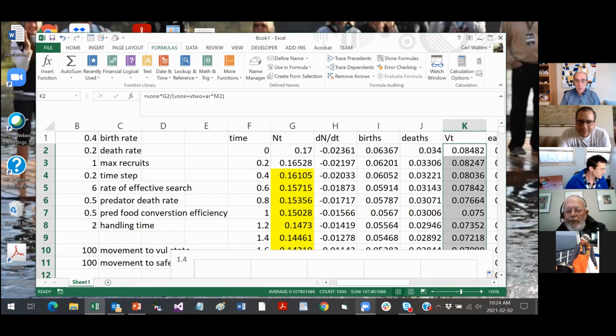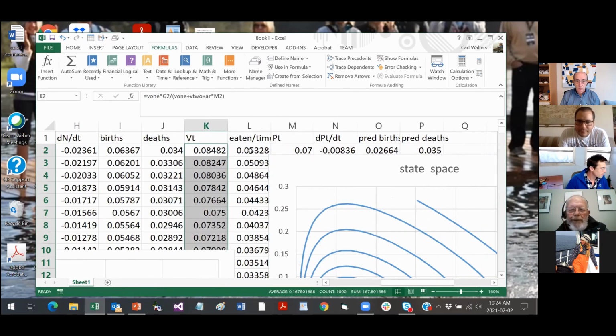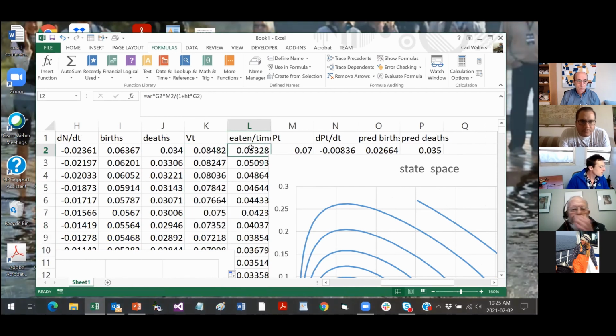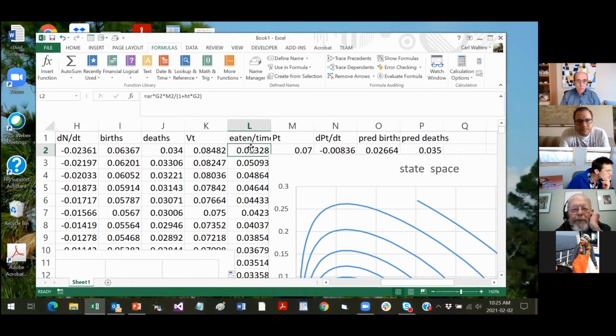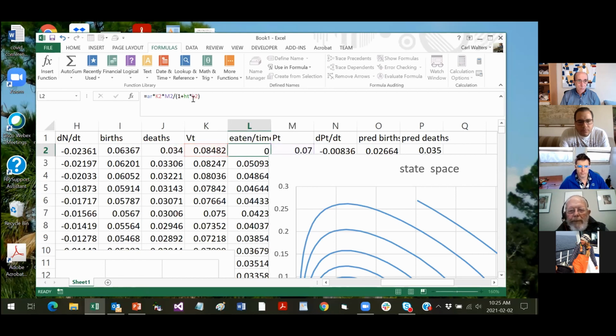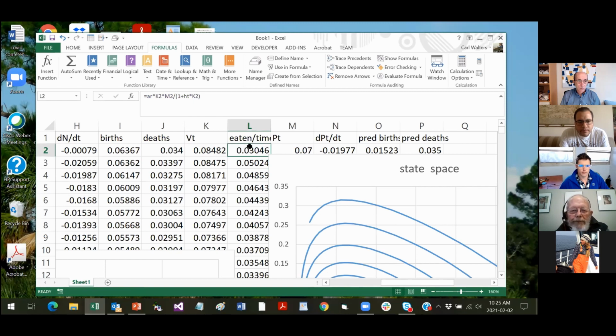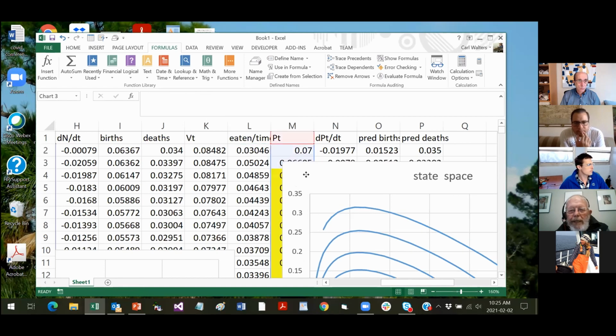So this is predicting vulnerable numbers. Now what I'm going to do here in predicting the number eaten per time, instead of predicting from total prey abundance, I'm going to predict it from the vulnerable numbers, because it's these vulnerable numbers that the predators are actually seeing.